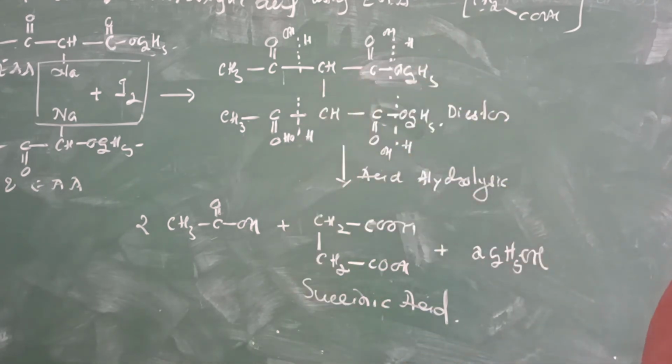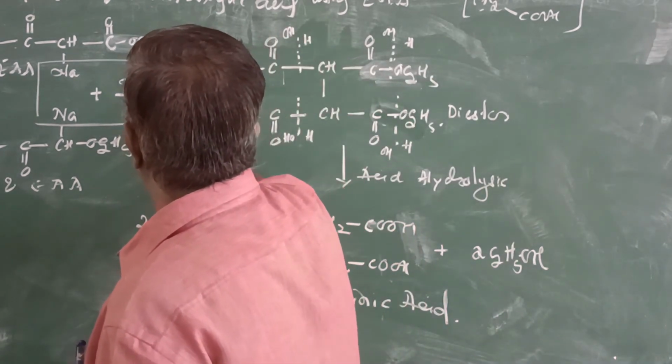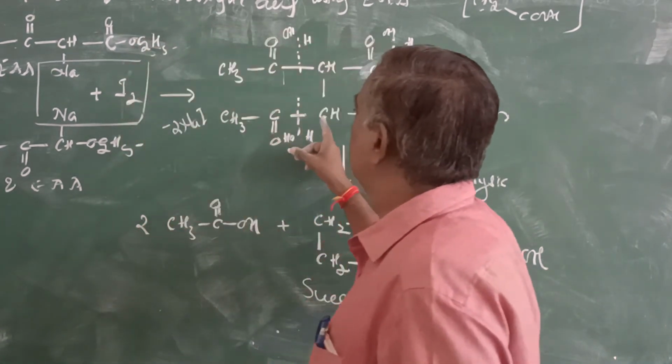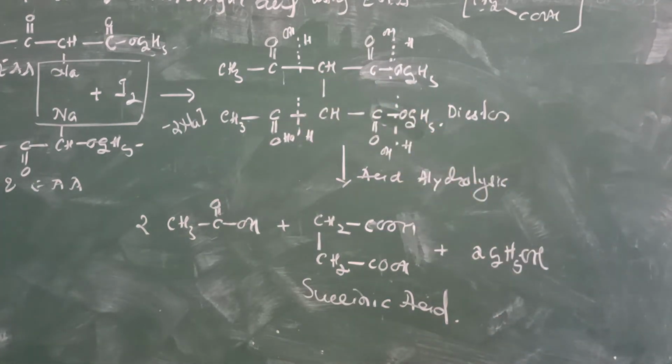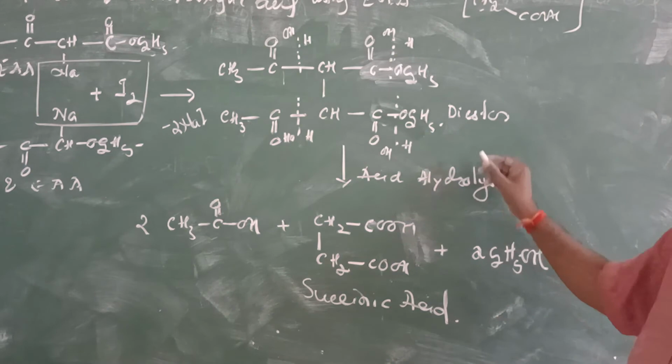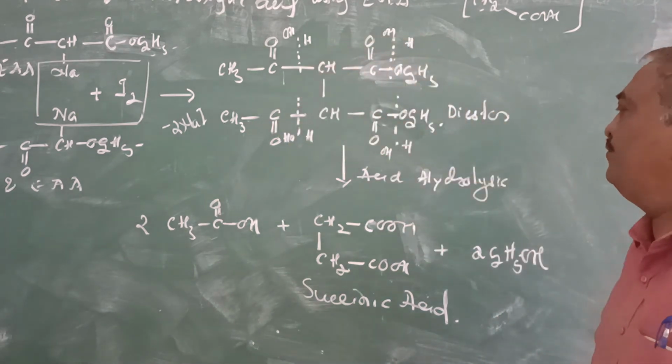Better to start with two molecules of sodium salt of EAA and allow it to react with iodine. You will get sodium iodide released, and the link between the two molecules of EAA, that is a diester molecule of such a huge structure, is formed.